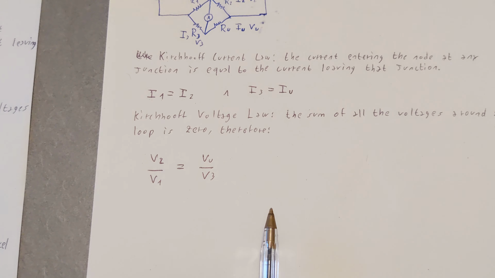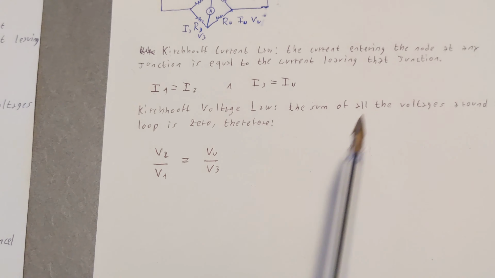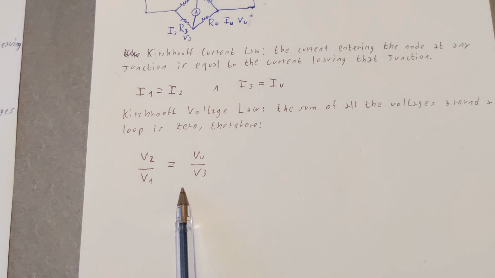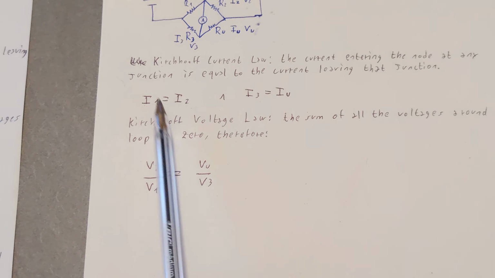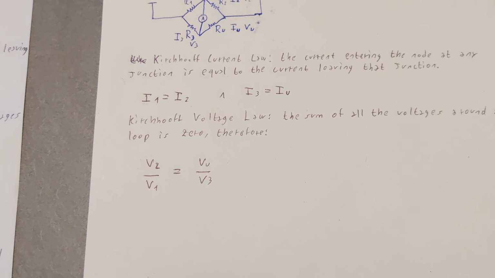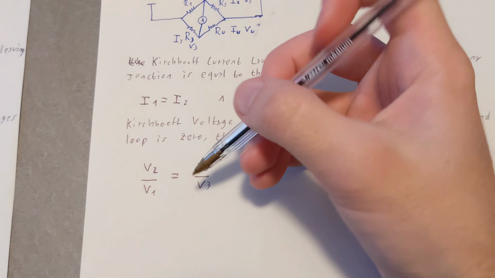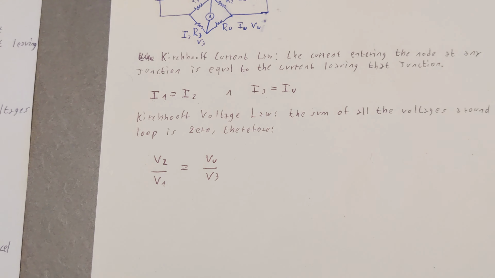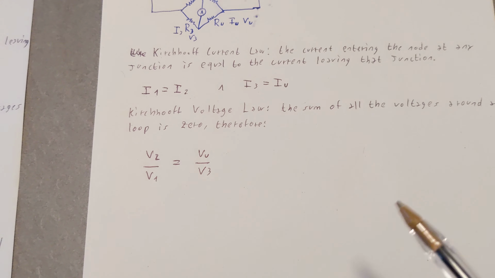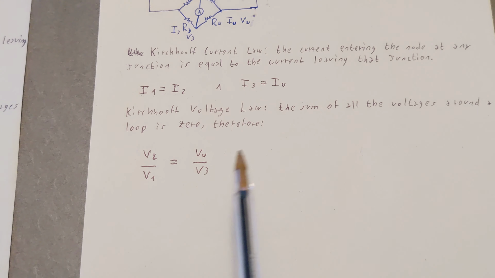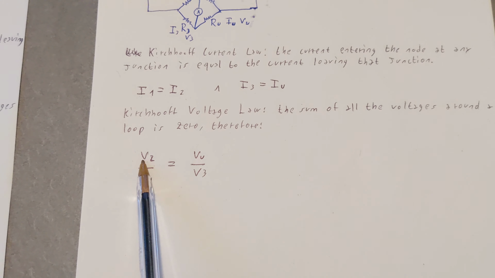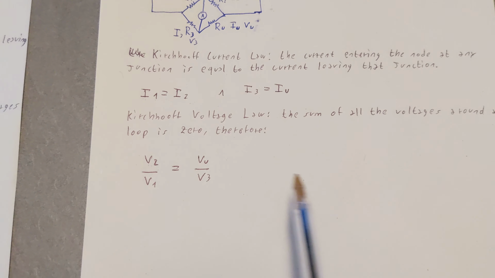We now have this expression in terms of voltages, and we also know the equivalence in terms of the current. Now we can just use Ohm's law to get the resistance, because we are actually interested in the resistance, and we can express V in terms of I and R.